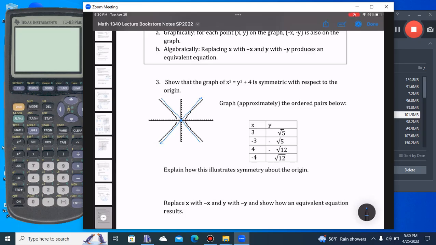So here, if we have 3, y is the square root of 5, and we'll have negative 3, and y is the negative square root of 5. You have 4, y is negative square root of 12. The negative 4 will be the square root of 12. So the points line up across the origin.